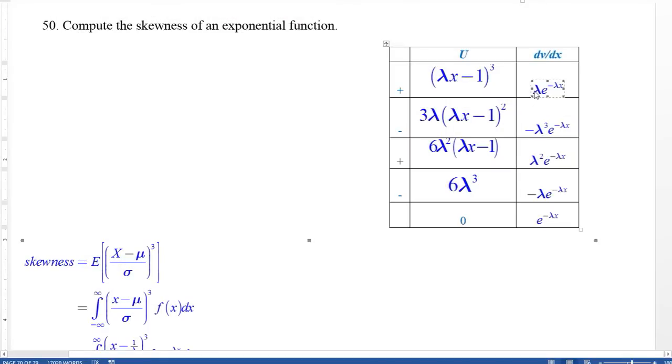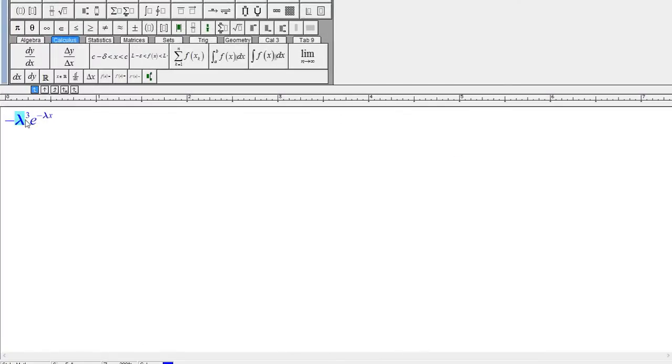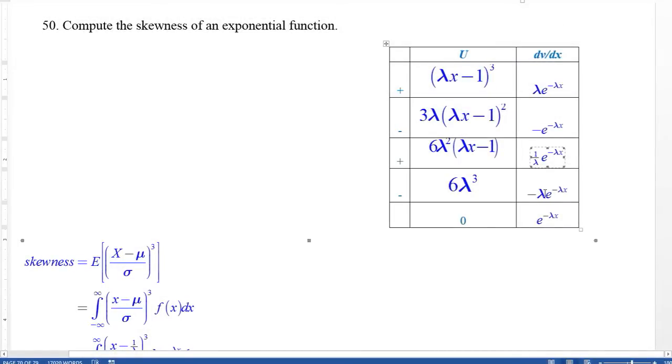Now every time we do an antiderivative here, once, this is just like the one we did a while ago, every time we take an antiderivative we multiply by minus 1 over lambda. So this one has a coefficient of just minus 1. This one should have a coefficient of 1 over lambda. And they should be alternating a sign.